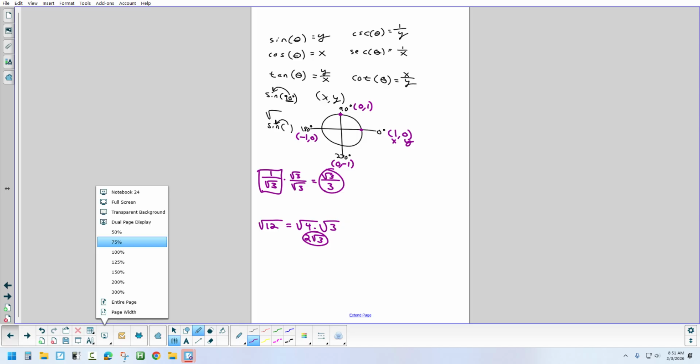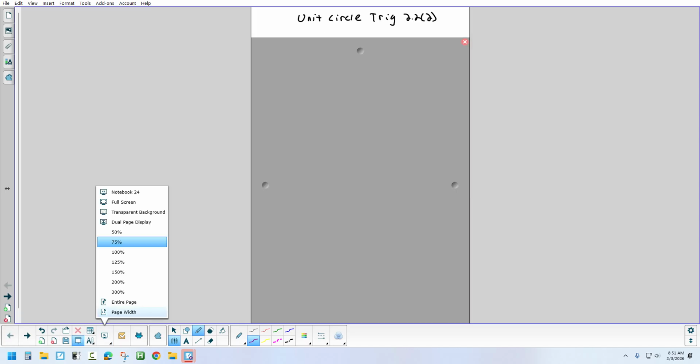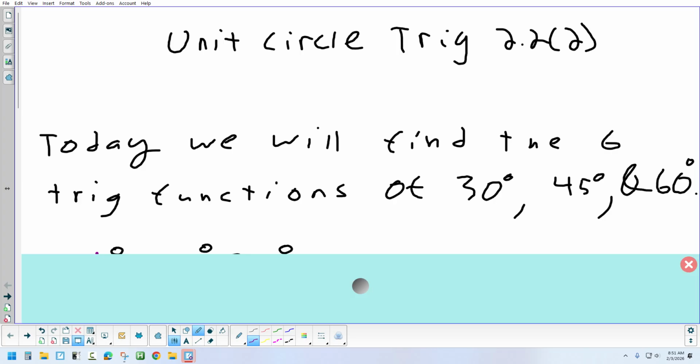So, what we're going to look at today is finding the trig functions of 30 degrees, 45 degrees, and 60 degrees. Okay, so let's look at where those are on the circle. 30, 45, and 60.